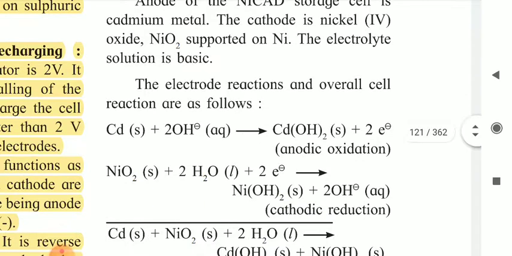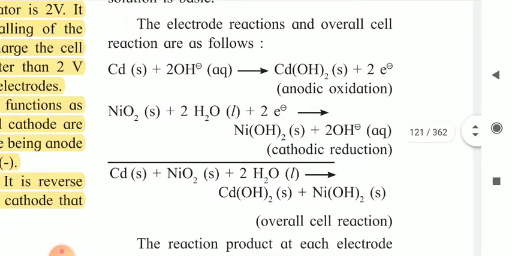The electrode reactions we are going to discuss here: anodic oxidation as well as cathodic reduction, that you have to keep in mind. According to that, first of all we will see the cadmium, of which the oxidation will take place. The OH minus ions will combine with the solid cadmium, then it will form Cd(OH)2, that is cadmium hydroxide, with the loss of 2 electrons.